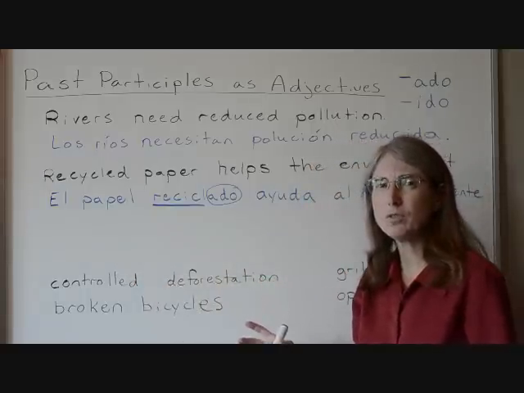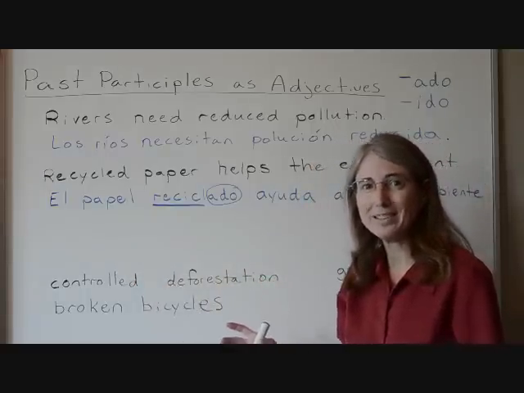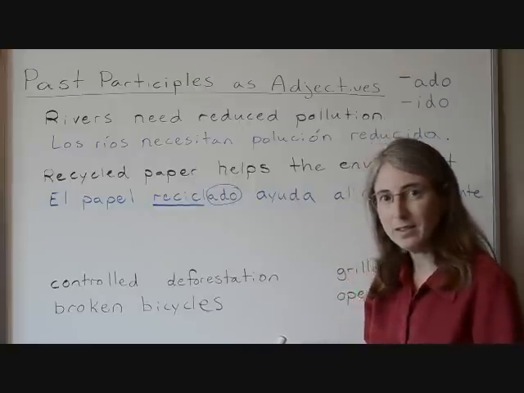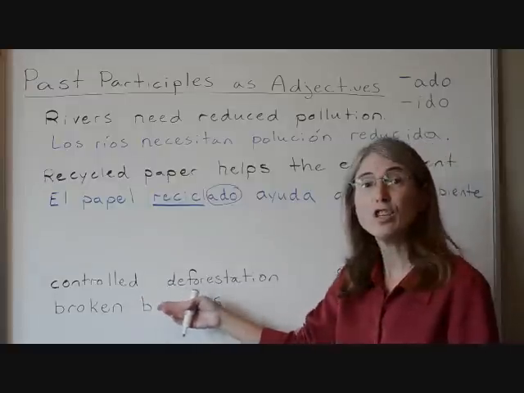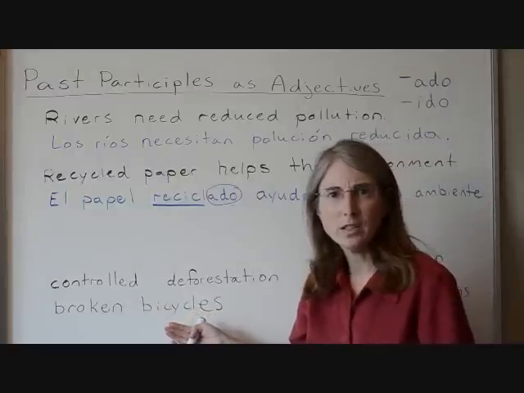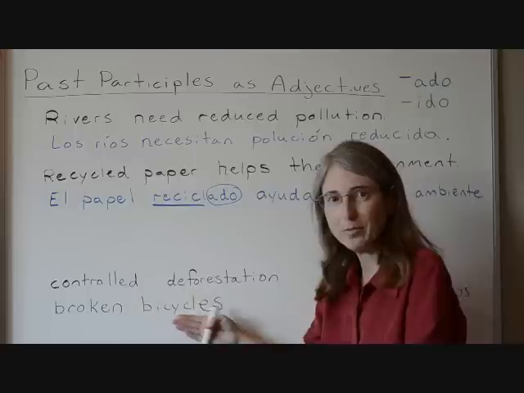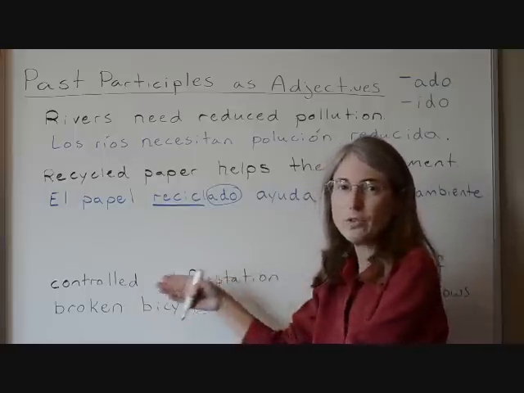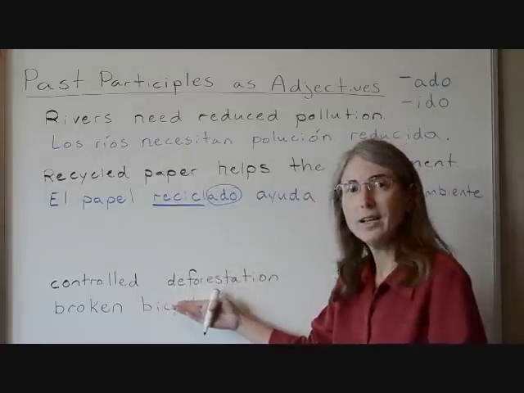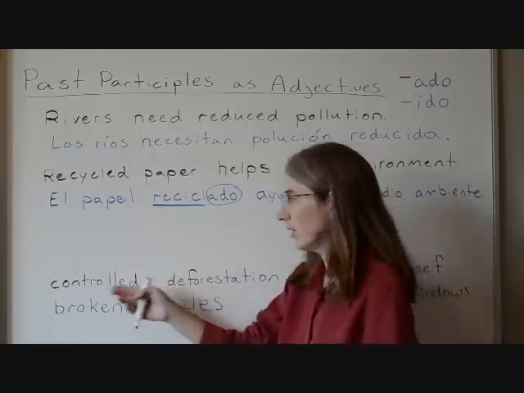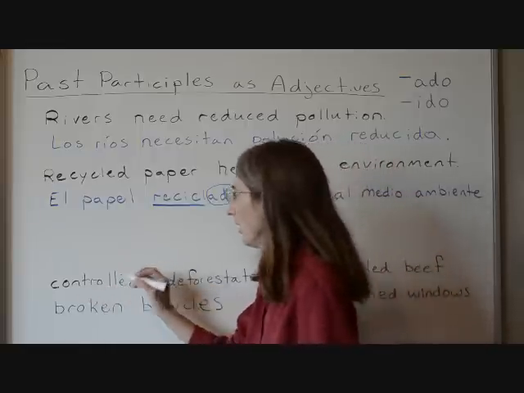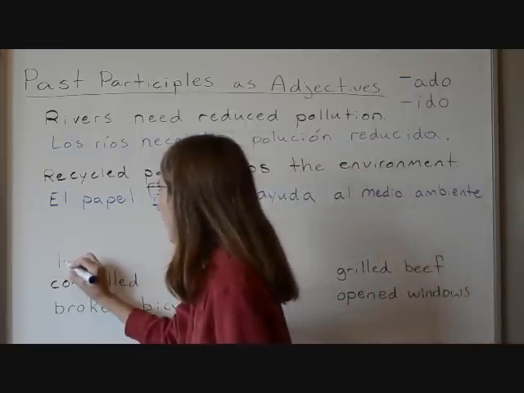Now let's just do some other past participles as adjectives, not in complete sentences. Here, for an example, we have controlled deforestation. In English, we put the adjective before the noun, so we're going to have to reverse this in Spanish. So we can say la deforestación, and then we'll put controlled after it.